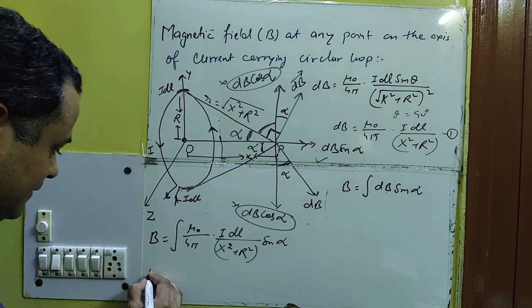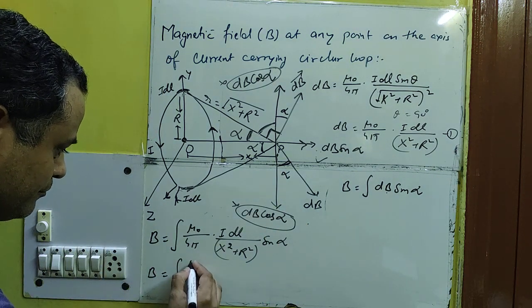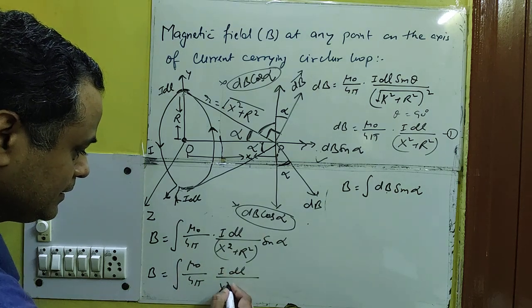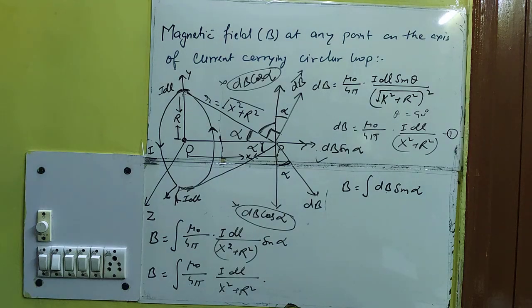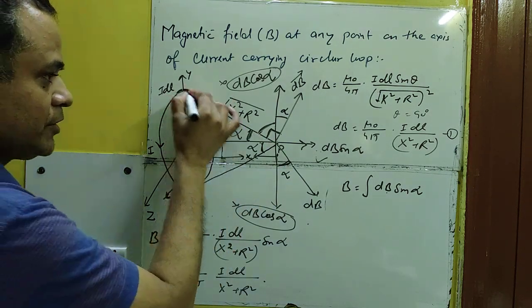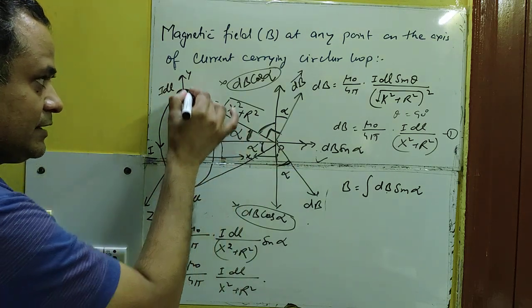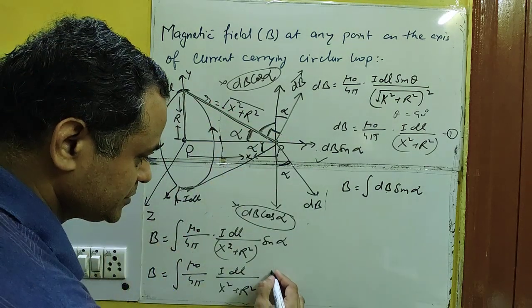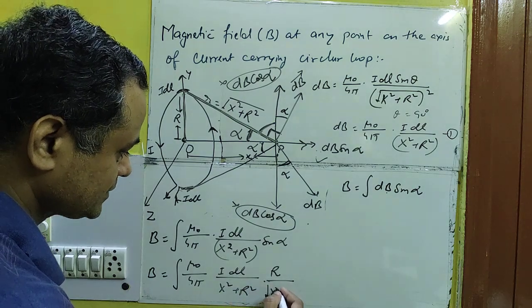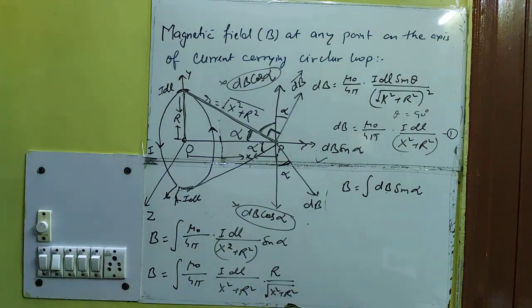And what is the value of sin alpha? It will be perpendicular upon hypotenuse. Perpendicular is r, hypotenuse is this one. So this will be r upon under root x square plus r square.